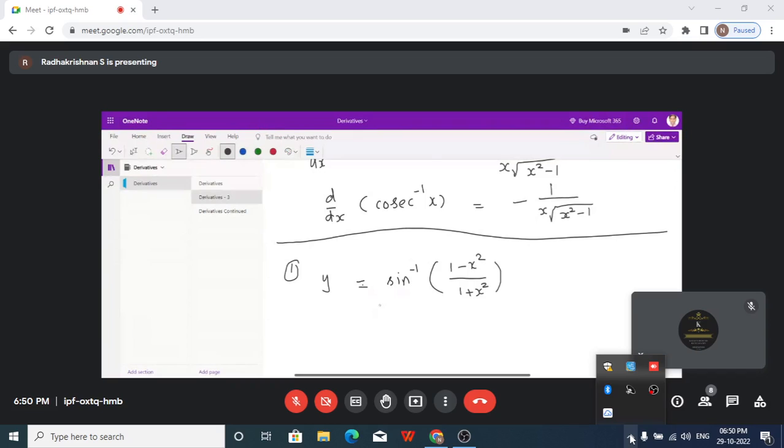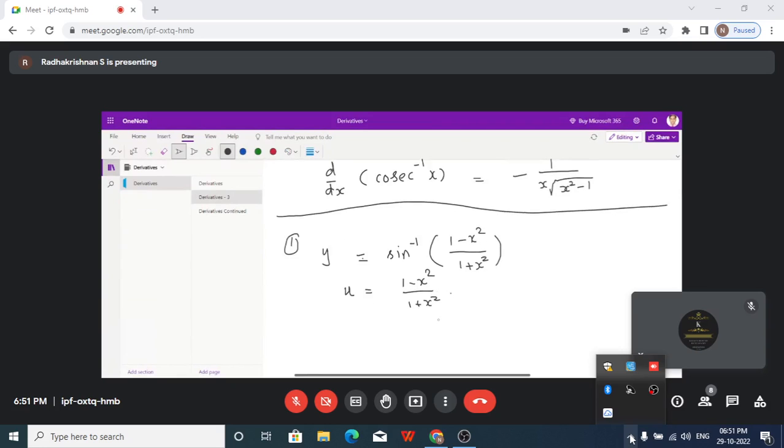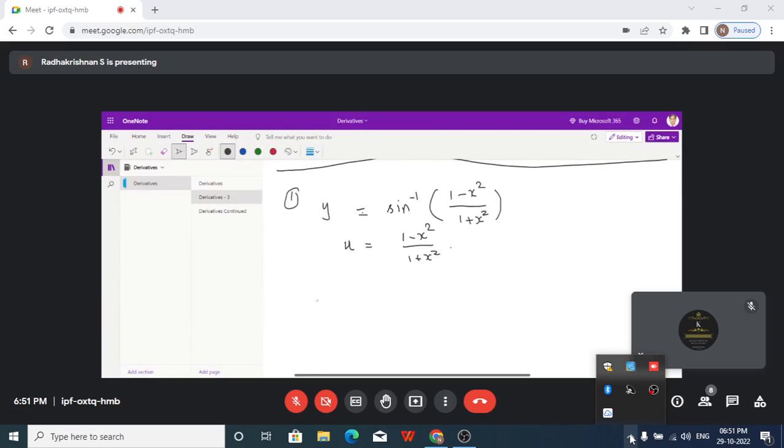So let us take this 1 minus x square by 1 plus x square equal to u. So y equal to sine inverse of u.